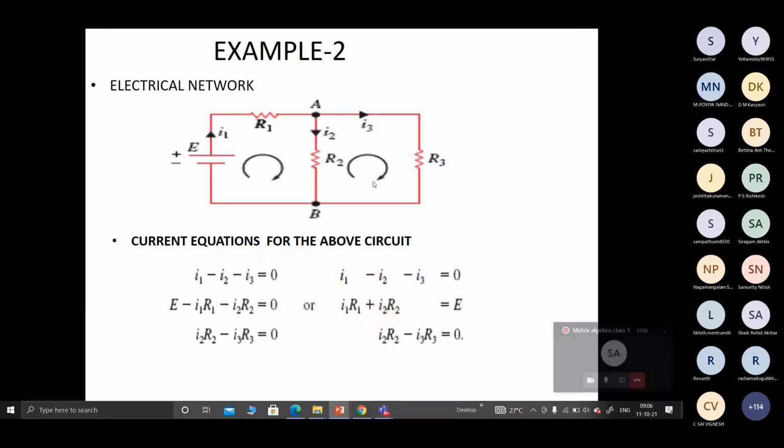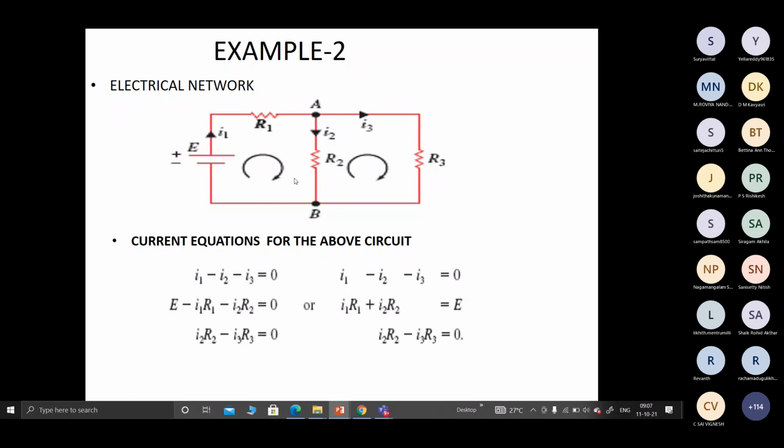Fine. Look at this. This is your context of study. You are all electronics students. This is a circuit. There is a voltage source here, E. And R1, R2, R3 are resistors. There are two loops. The problem is to find the current in loop 1 and loop 2. Current in loop 1 is I1, current in loop 2 is I2.